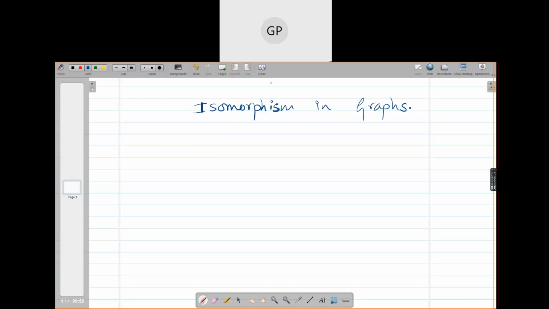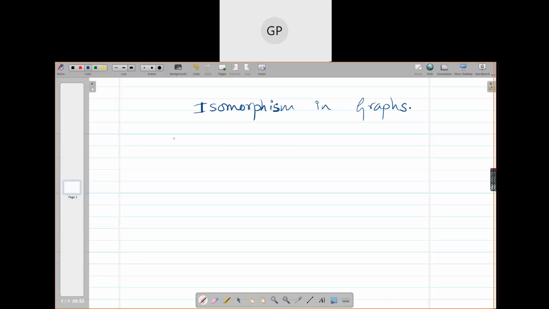Something of that sort we are going to see, but of course there are different parameters in case of triangle and different parameters in case of graph. In triangle we have angles, sides, etc. In graphs we have vertices and edges. So we will focus on the number of vertices and number of edges.